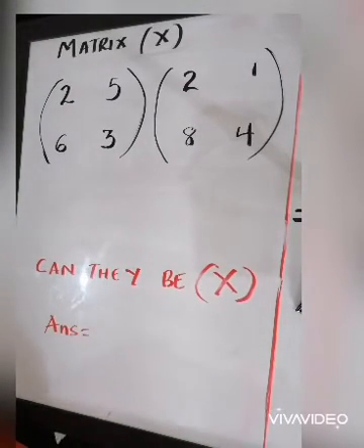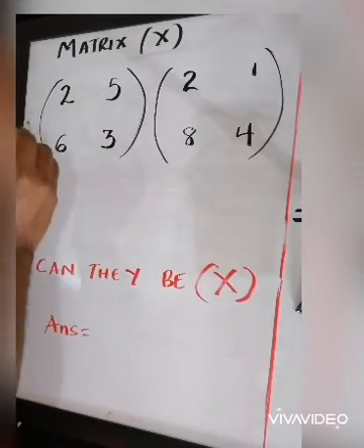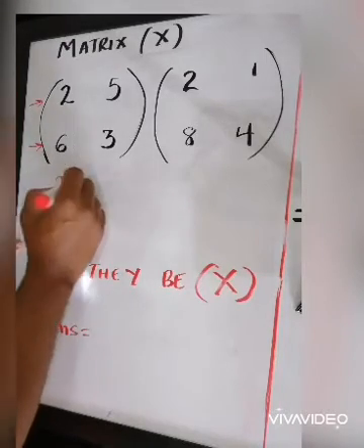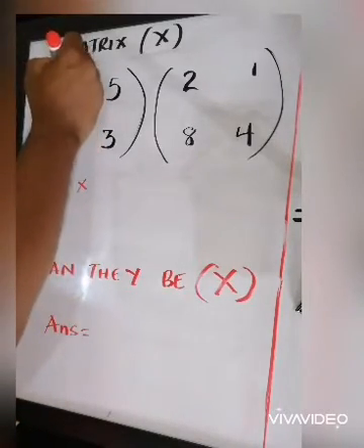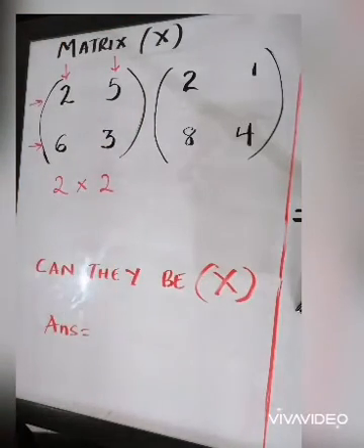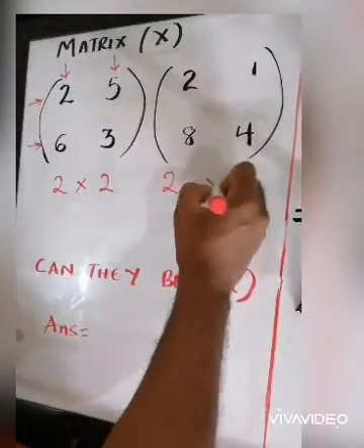So just a brief recap. The order of the first matrix is 2 rows by 2 columns, 2 by 2. The order of the second matrix is the same, 2 by 2.